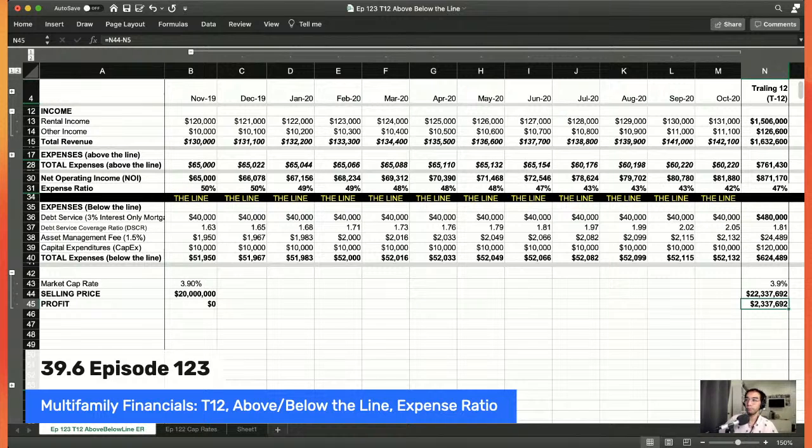So that is how you look at a trailing 12, the last 12 months. When you're buying a property, you look at this as one of the main things to assess the financial value of the asset. And also you can assess how you're doing when you're managing a property at pushing these rents up and decreasing your expenses. All right, that is it for today.